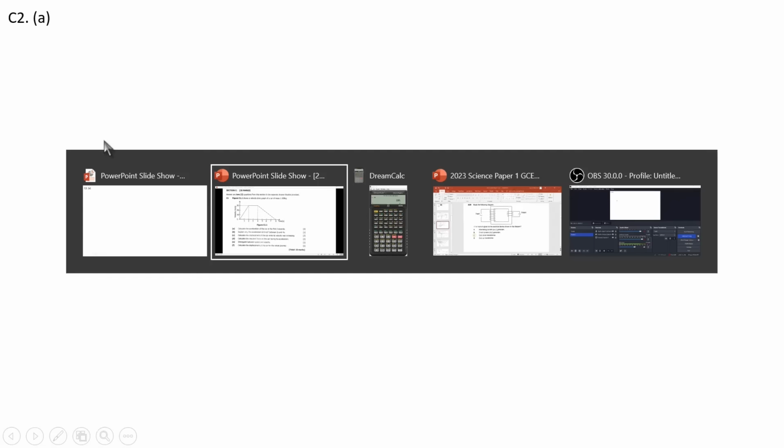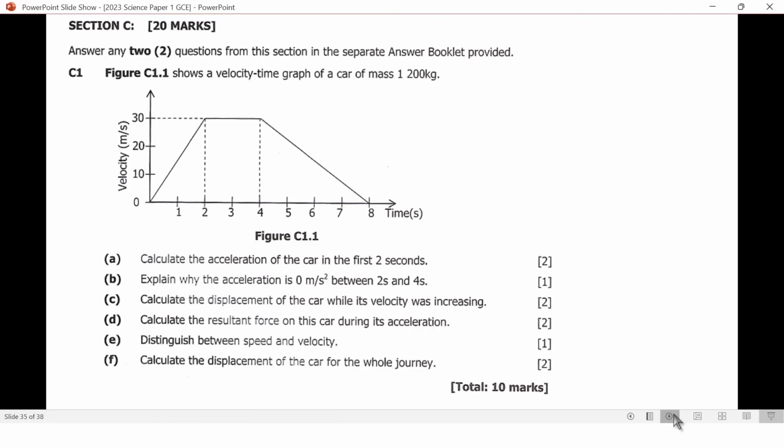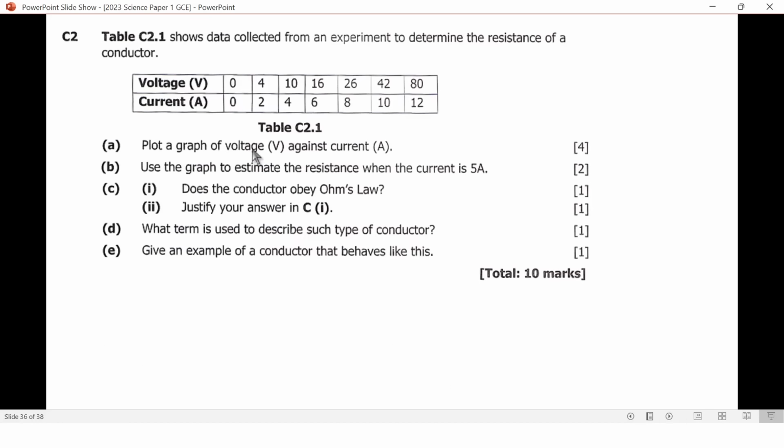Okay, so start answering. So C2A, what we need to do there is plot a graph of voltage against current. So that's what we are going to do. So bring the graph, which is the voltage against current. So here we'll label this one voltage, then this one, horizontal axis, we'll label current.